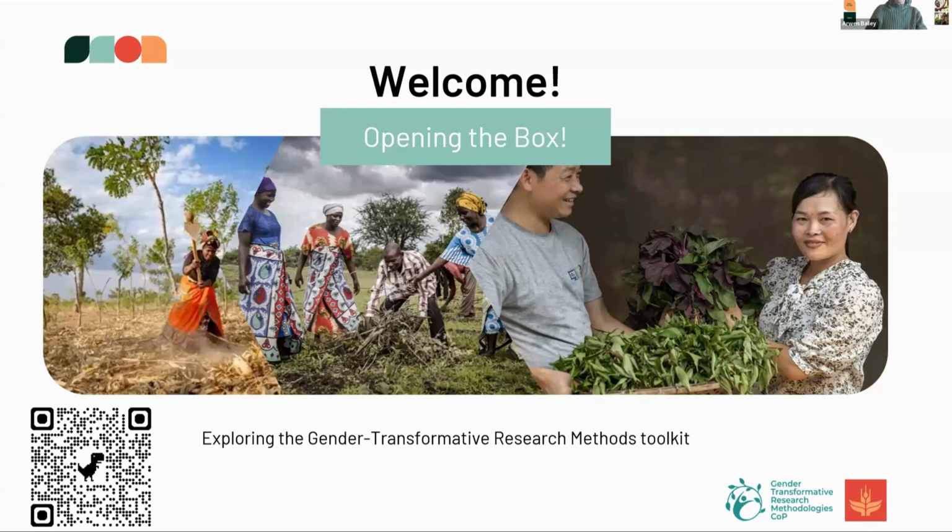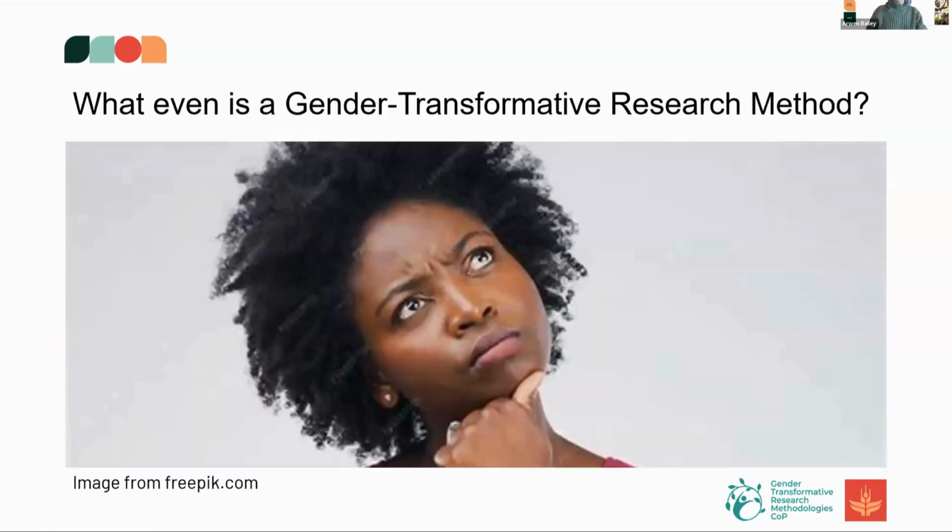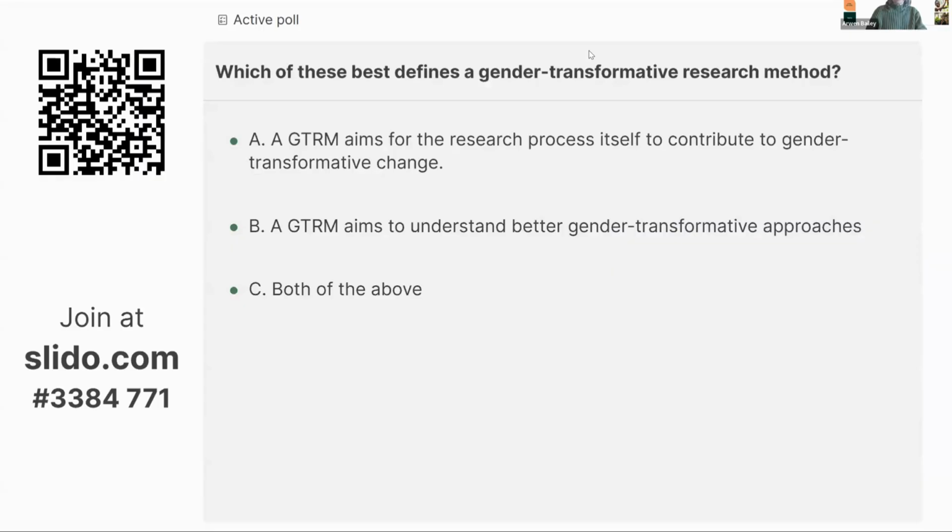Okay, so maybe to start, we should get on the same page with even what are we talking about? What even is a gender transformative research methodology? So we have a little quiz for you. Which of these best defines a gender transformative research method?